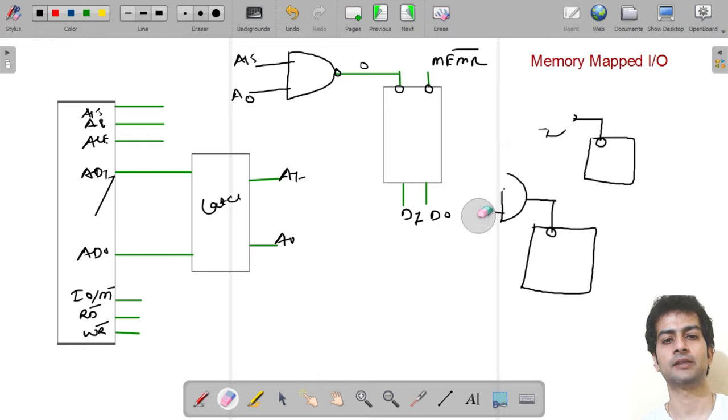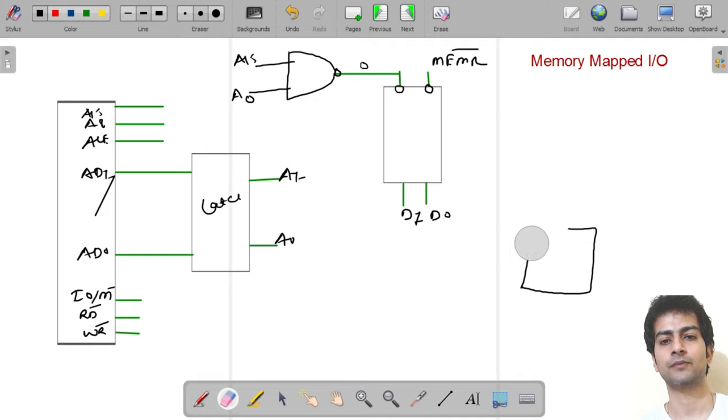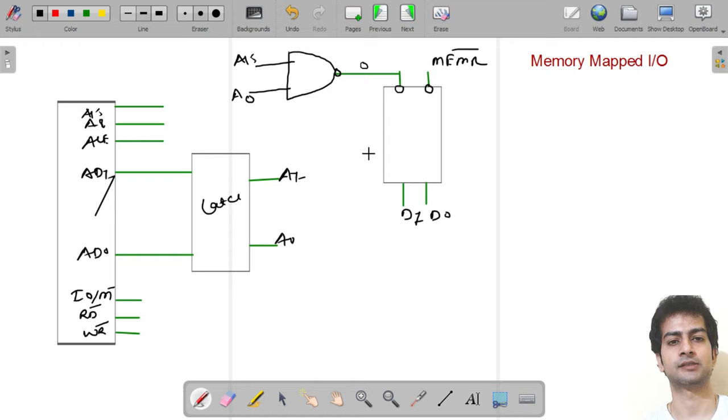So I am saying that it's an input device, and I am enabling it with a 16-bit address. But the microprocessor does not know that it is an input device. The microprocessor will treat it as a memory device only. See how?